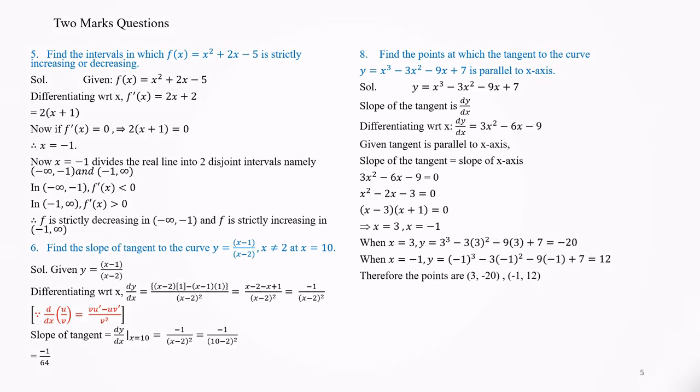Next question. 3 marks question. In this part, a few problems are on finding local maxima, local minima and their respective values. There are certain standard steps to be followed for solving these problems.